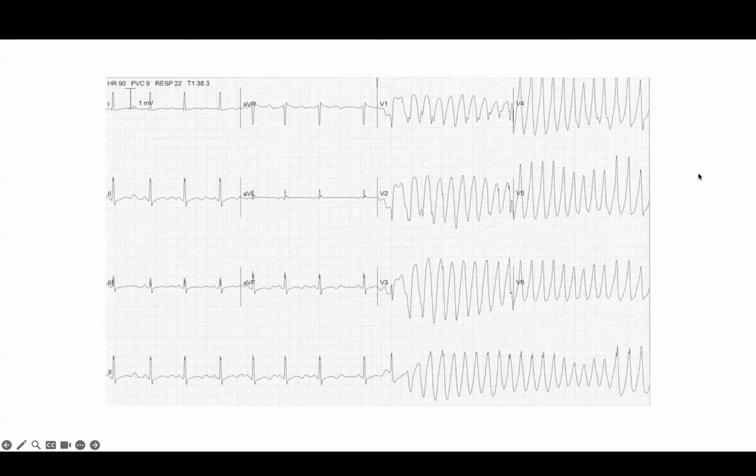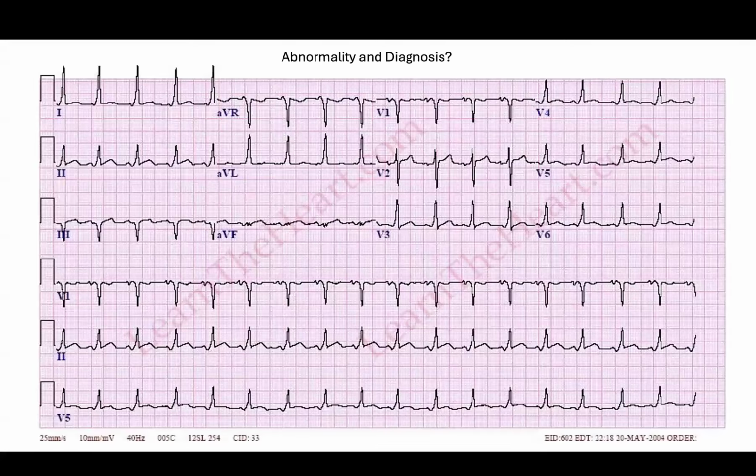Yeah, it is going into torsades, but this thing over here is something called the R on T phenomenon. All right. So it is usually seen in patients who have QT prolongation and there is an ectopic occurring, and that triggers a torsades de pointes. Excellent. Okay.